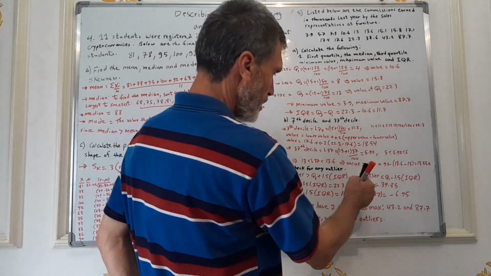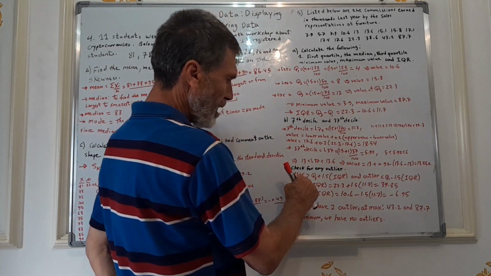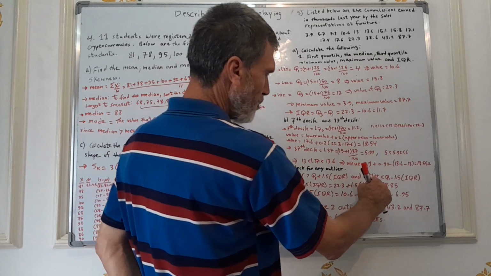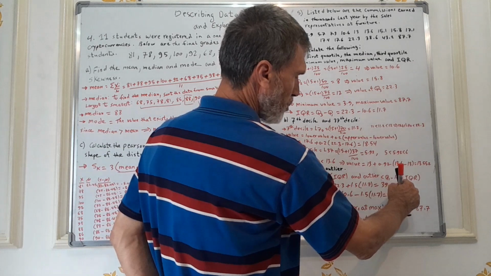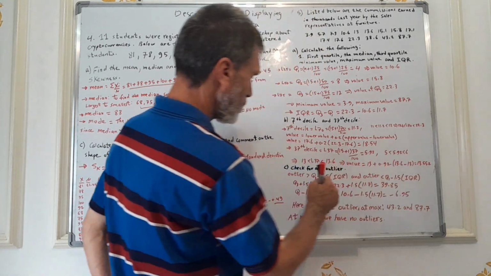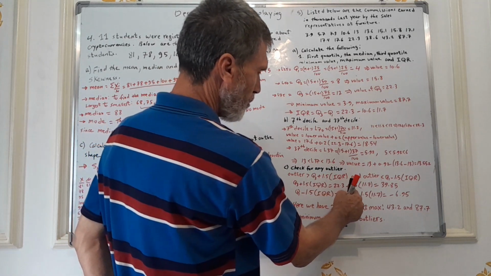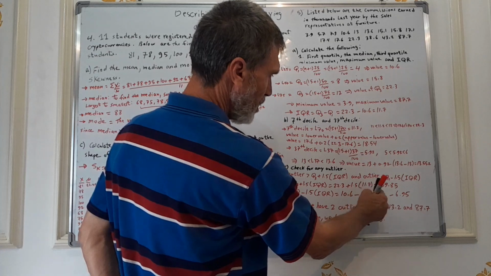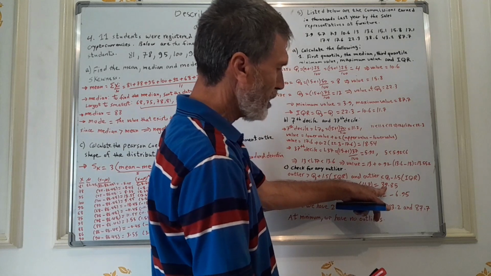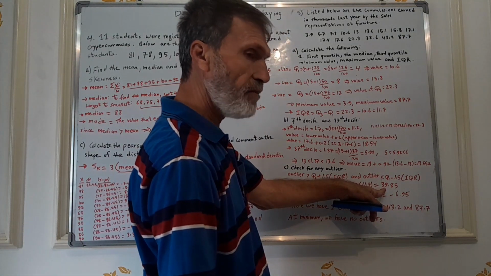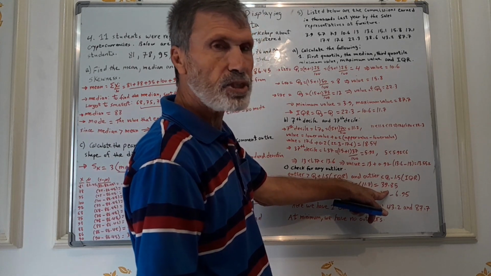And at the minimum, any value that is less than Q1 minus 1.5 times the interquartile range is an outlier. So Q3 plus 1.5 times the interquartile range is equal to 22.3 plus 1.5 times 11.7, which is equal to 39.85. Now we look, do we have any value in the data greater than 39.85? Any value greater than 39.85 is considered an outlier.